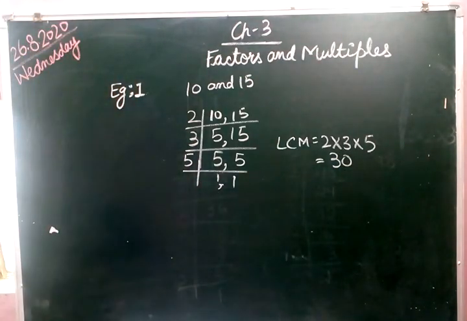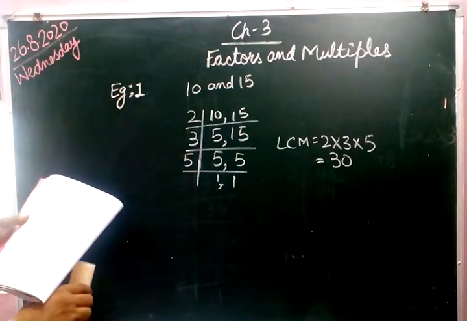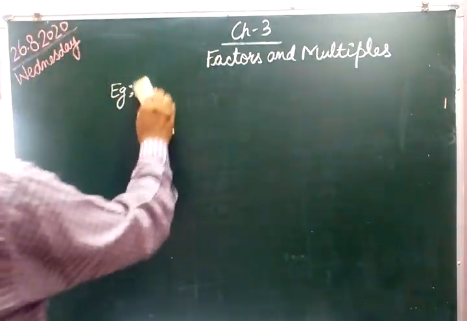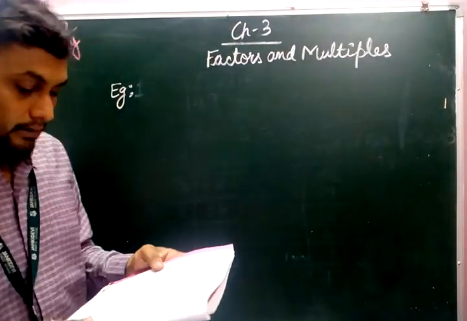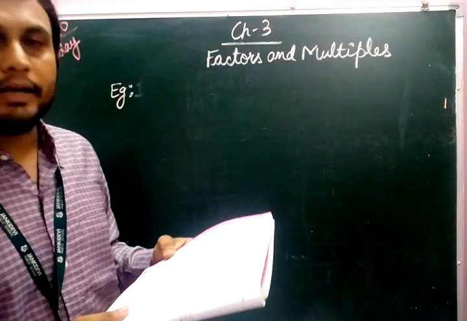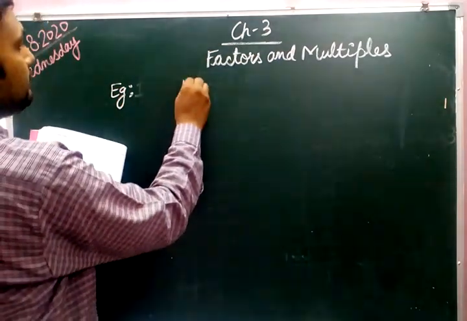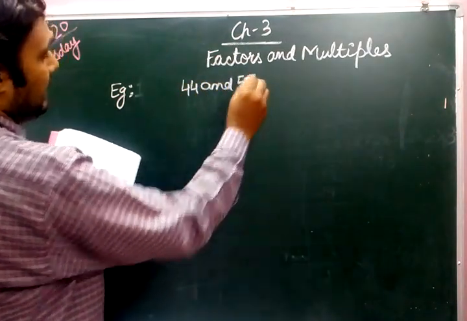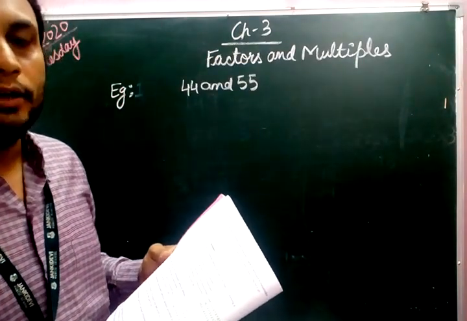Now the next example of your book, page number 36. Find the smallest number which when divided by 44 and 55 leaves a remainder of 8.